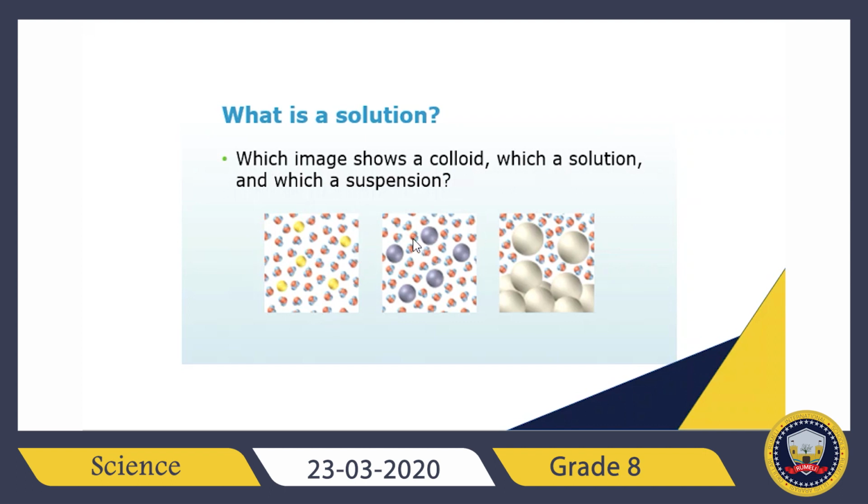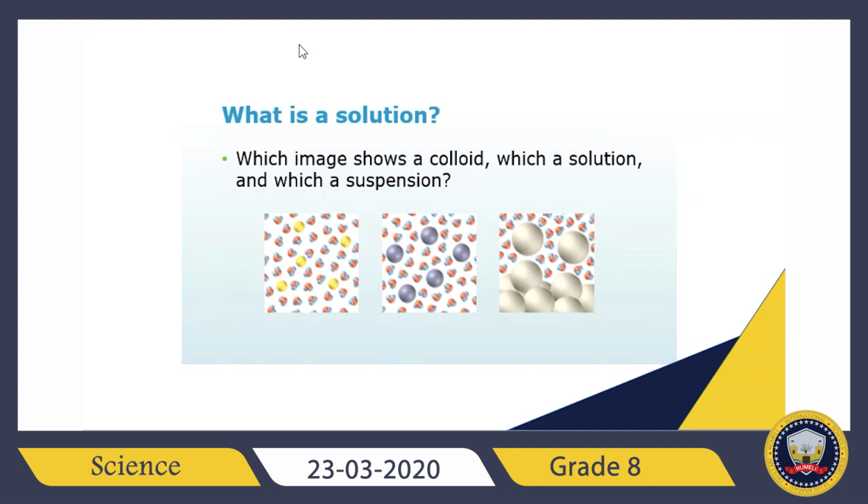For a colloid, the particles have a medium size, but as I said, they are still small enough not to be separated and not to settle out of the colloid. In a suspension the particles are so big that they are not evenly distributed, so they will settle out of the suspension, and it is very easy to separate these particles with a filter paper.